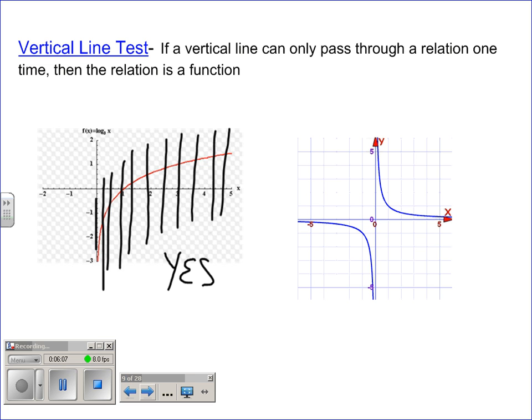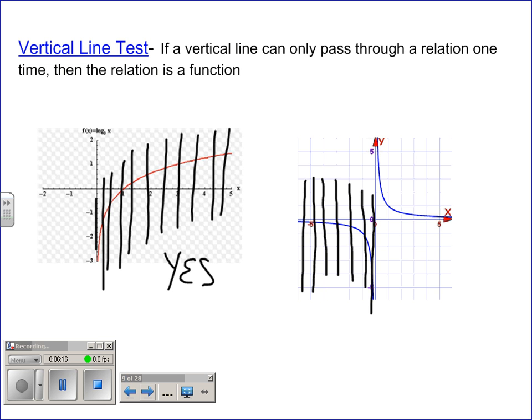Over here, this one looks a little bit tricky, but if you draw perfectly straight vertical lines, you will see that yes, this is a function. Now you might be a little bit confused about this part because it almost looks like it's going to become perfectly straight. But the truth is that it never becomes perfectly straight, so you'll never have a line go directly through it.